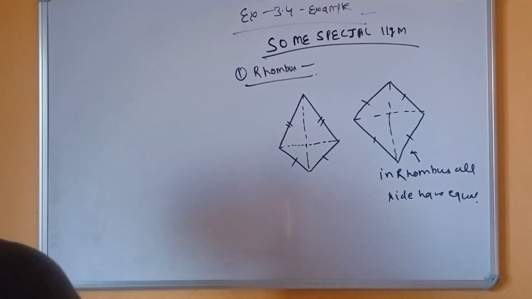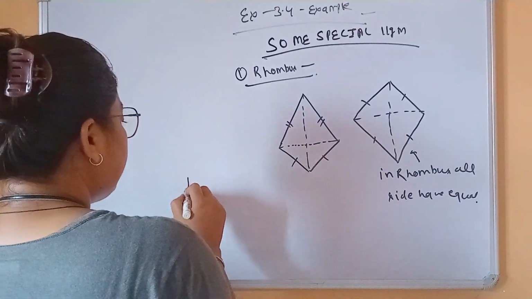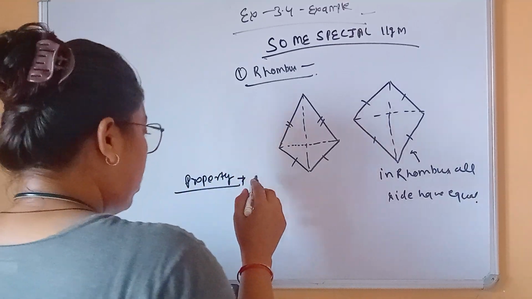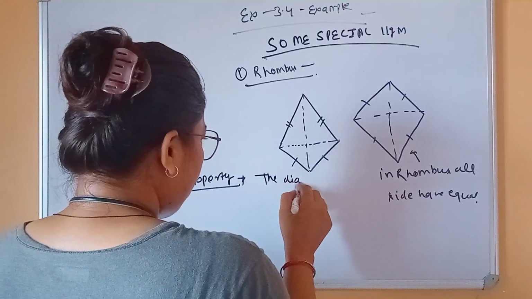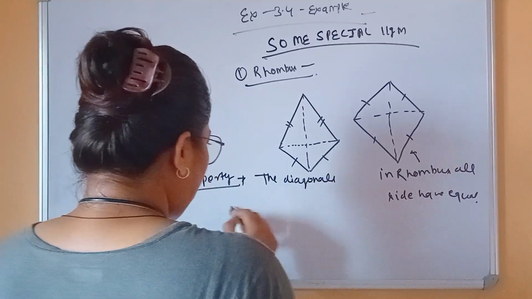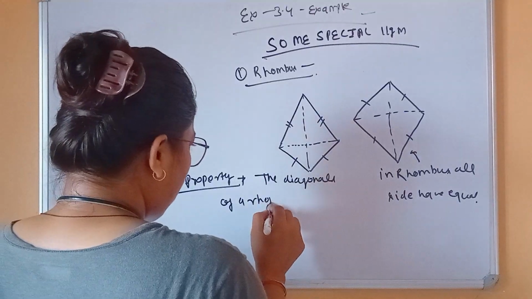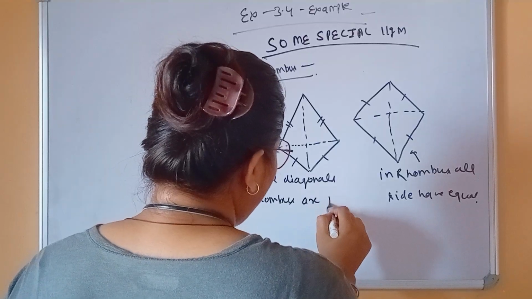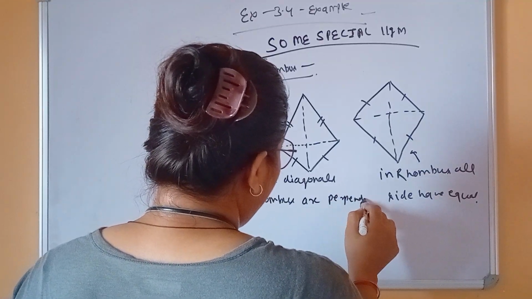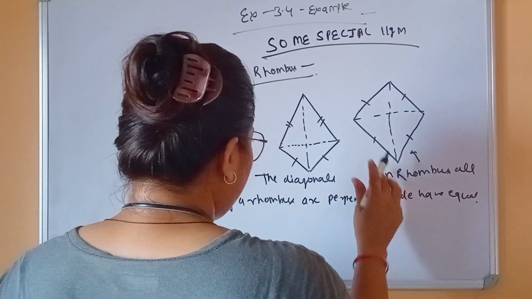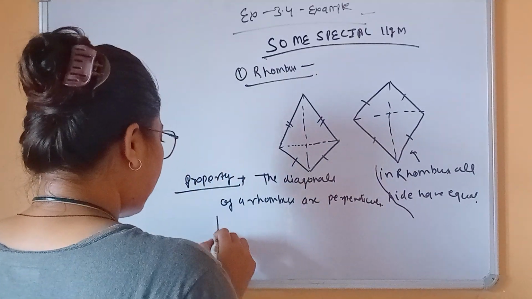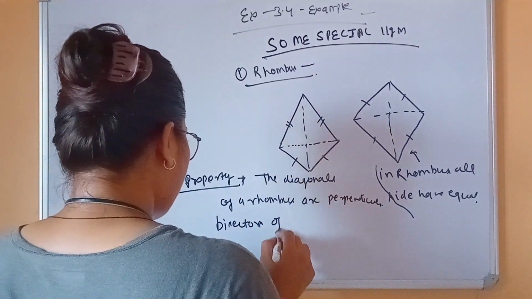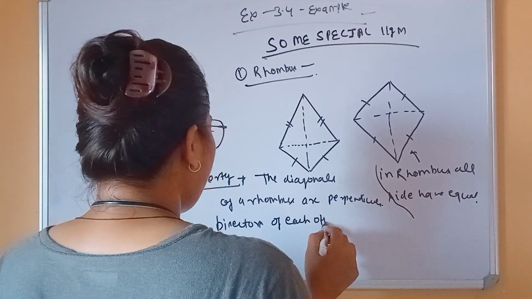First understand the first property of a rhombus. The property says the diagonals of a rhombus are perpendicular bisectors of each other, same as a parallelogram.